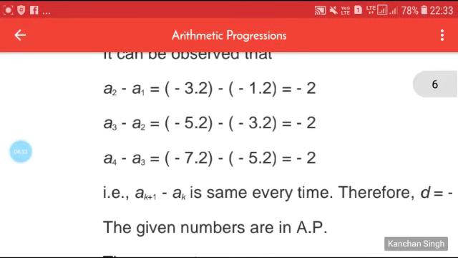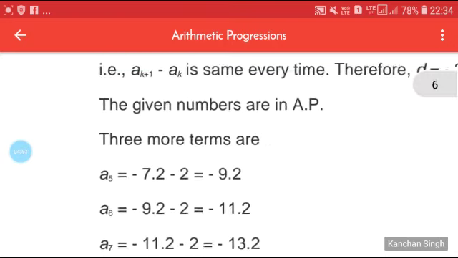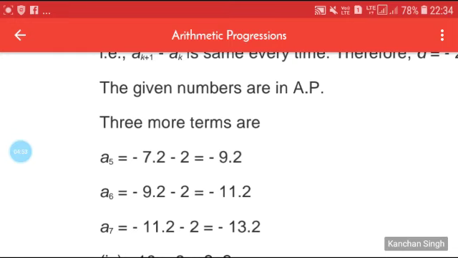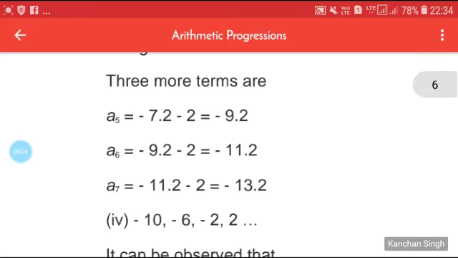In the second case, minus 5 by 2 minus minus 3 by 2 is again minus 1. Again a4 minus a3: minus 7 by 2 minus minus 5 by 2 is minus 1. So again we observe that d is the same.